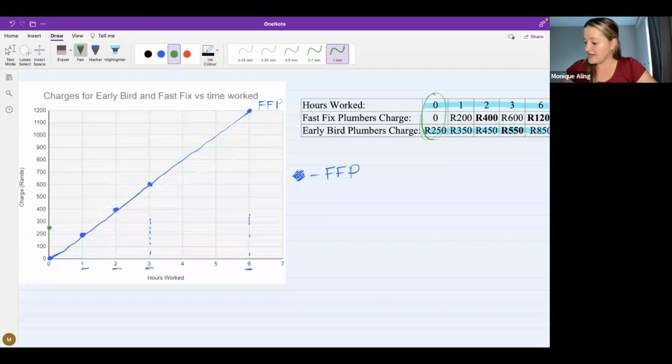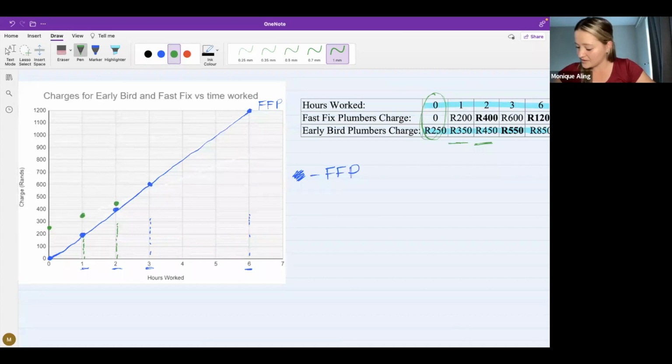Then our next one is 1 hour and 350. So we follow the line by 1 and we get to 350, which is in the middle between 300 and 400. Then our next point is 2 hours and 450. So we follow the line until we get to 450, which is in the middle there.